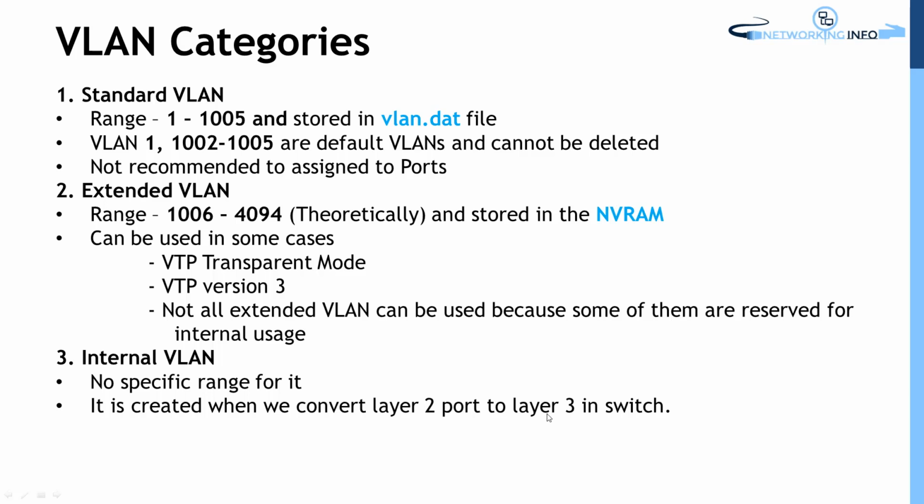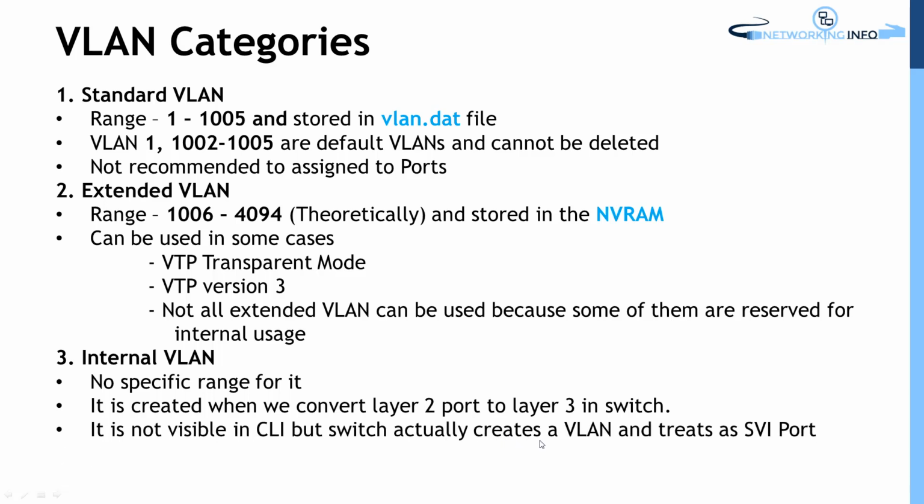So that layer 3 port, physically it looks like a native layer 3 port, but in the backend the switch creates an SVI port and assigns this port to the access port, and then it creates this VLAN automatically. So it is not visible in CLI, but actually it is created and it is treated as SVI port.